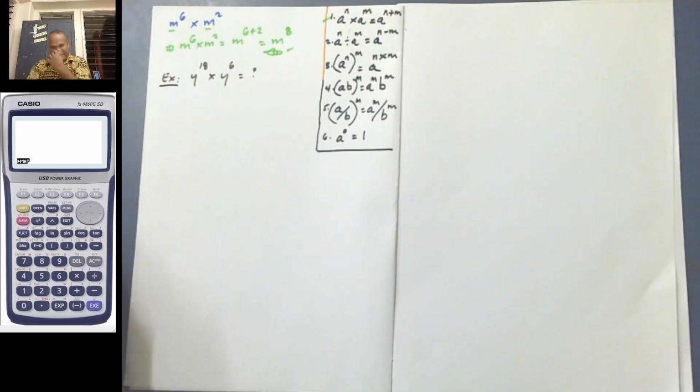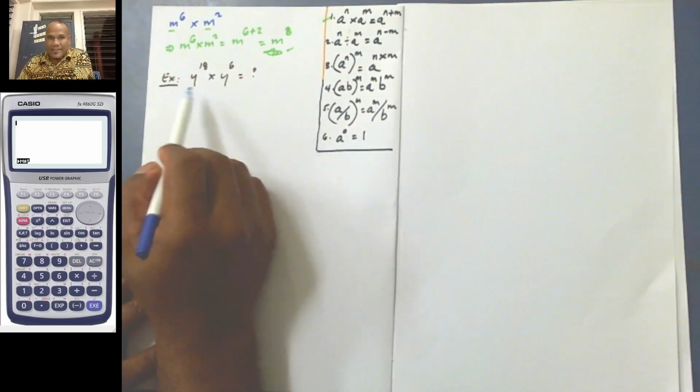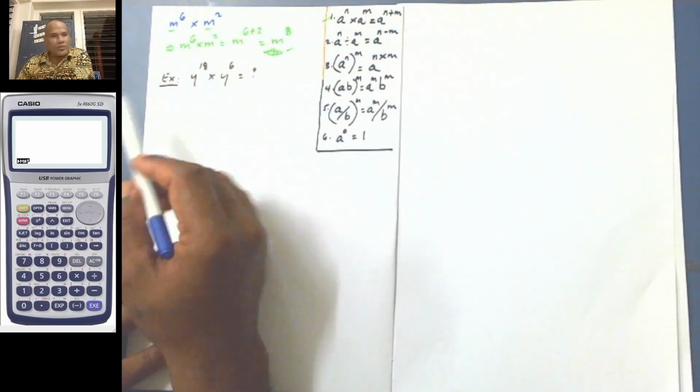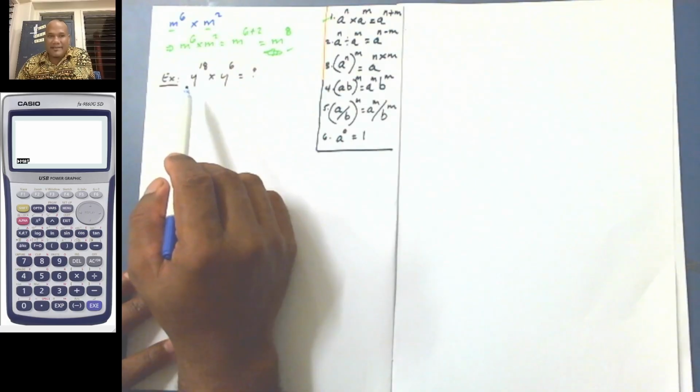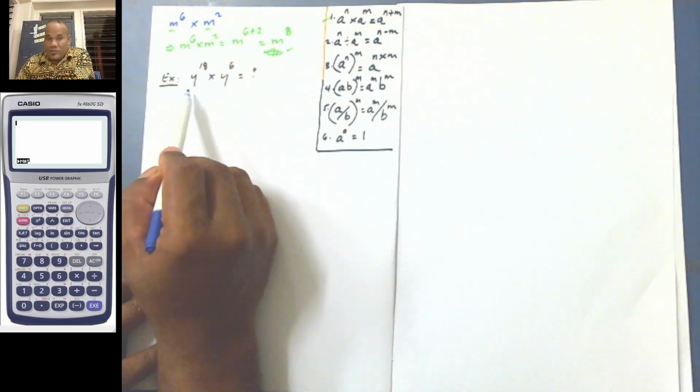Okay, let's answer that. Using the same principle, since we are multiplying, remember the base can be m, can be x, can be a. It's a dummy variable. We can change it anytime we like. Now in this case it's y, so y to the power of 18 times y to the power of 6.